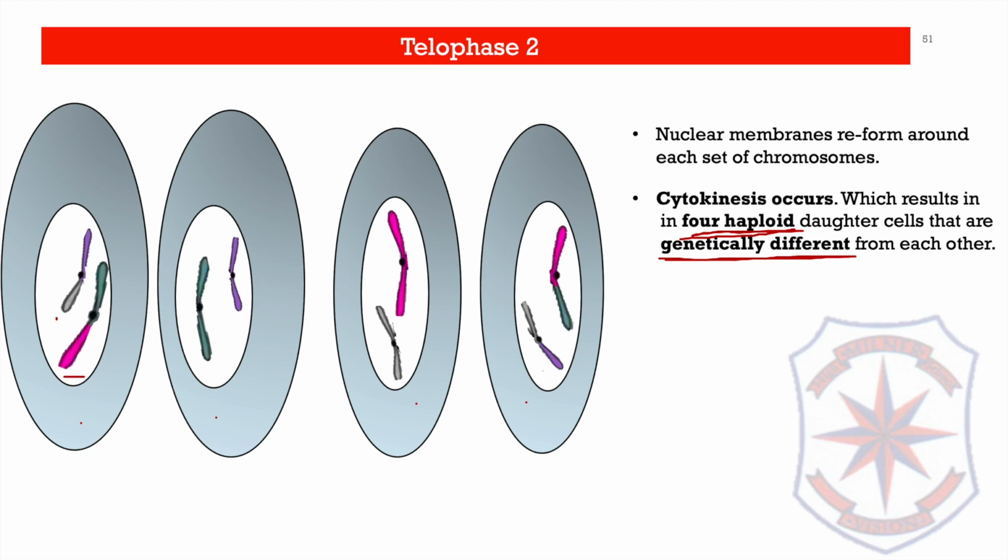We have 1 and we have 2 chromosomes, not 2 chromatids, 2 chromosomes. These chromosomes are unreplicated. This cell also has 2 chromosomes. That cell also contains 2 chromosomes. That cell also contains 2 chromosomes as well. Okay.